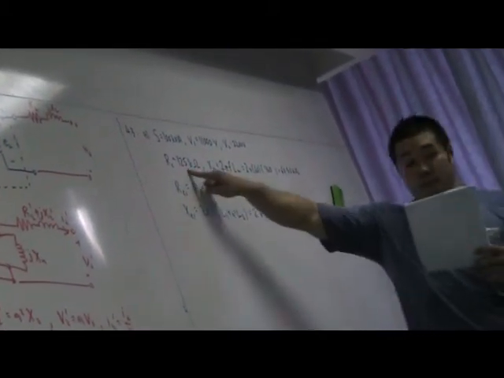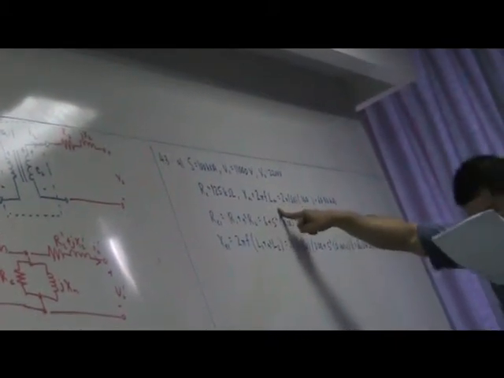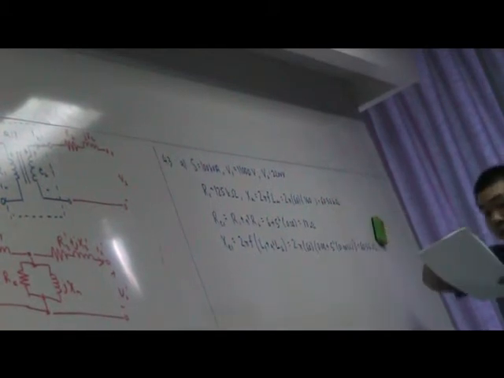So RC is 125 kilo ohms, XM is 2 pi f LM, so that is 60.32 kilo ohms.